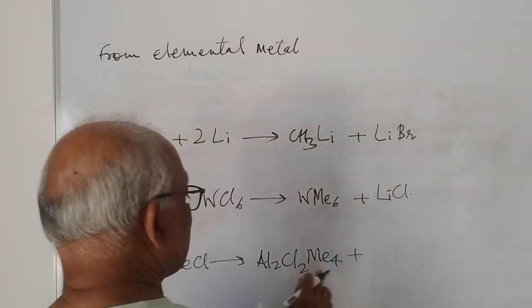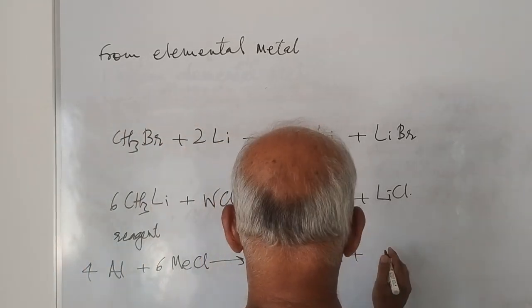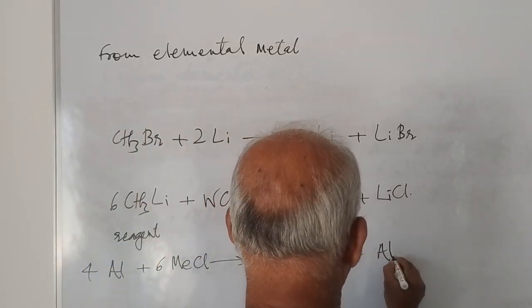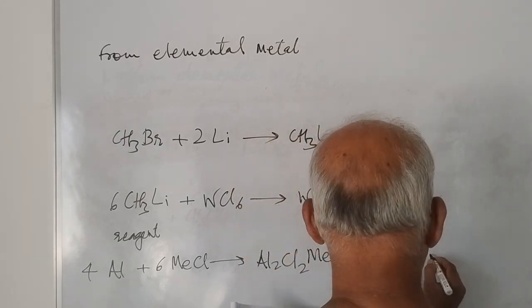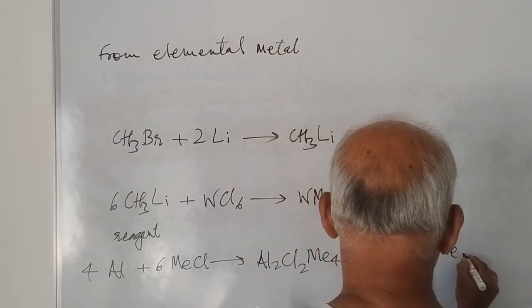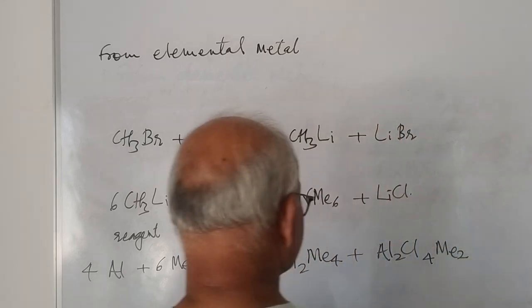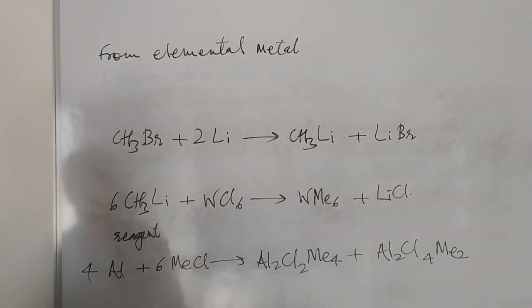So this is one part. Another is Al2Cl4Me2. Means these are reactions which are giving products like disproportionation reaction.